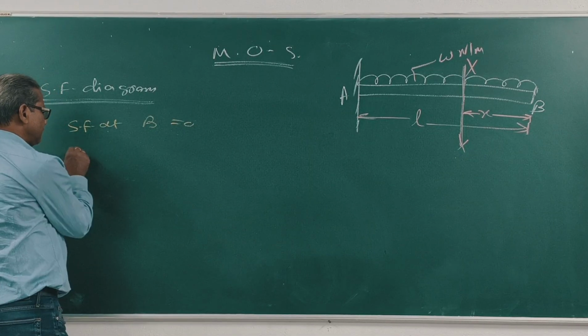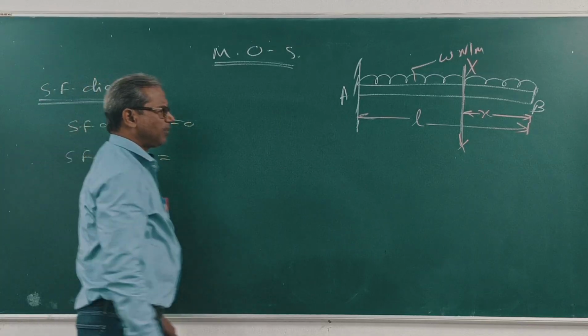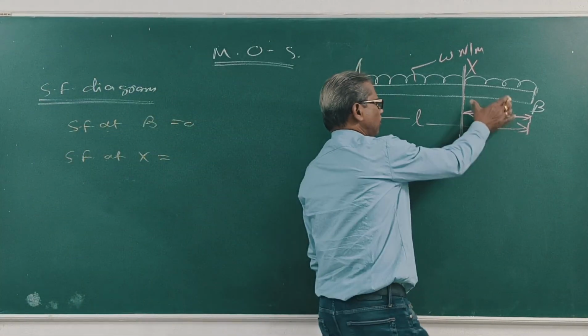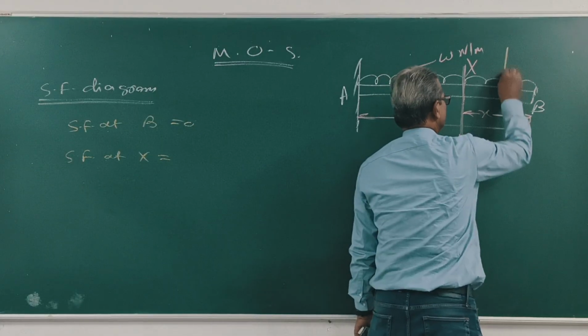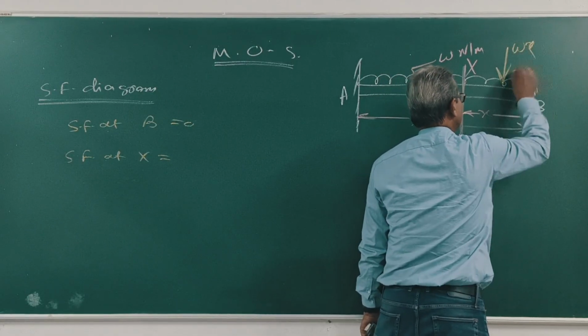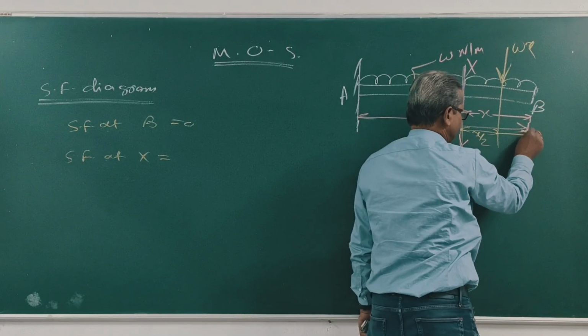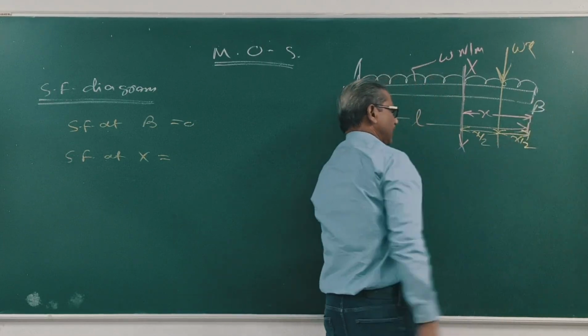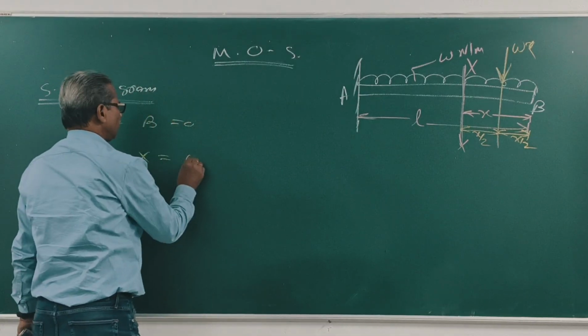At X, shear force at X: suppose this is w, the length is x, so the load is w x, acting at x by 2. This length is x by 2. Clear? So shear force at X is equal to w into x.